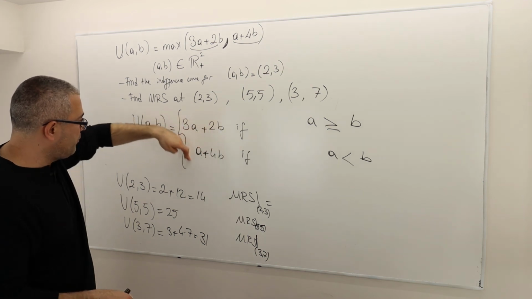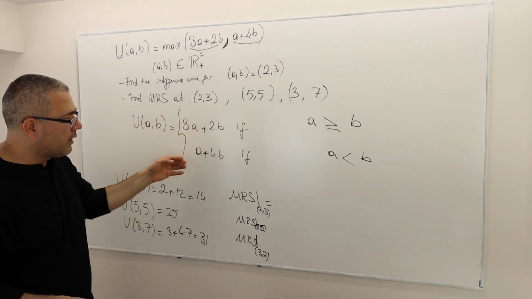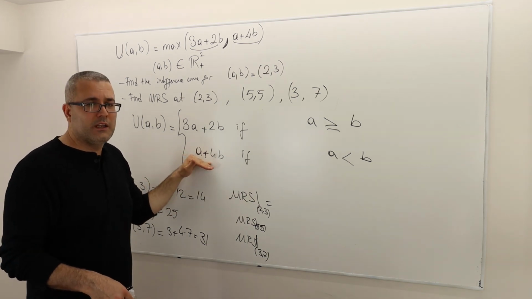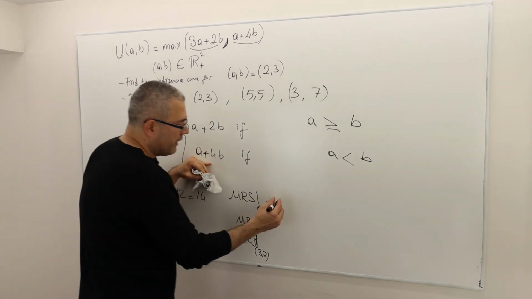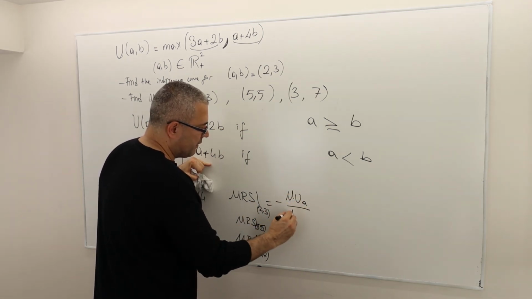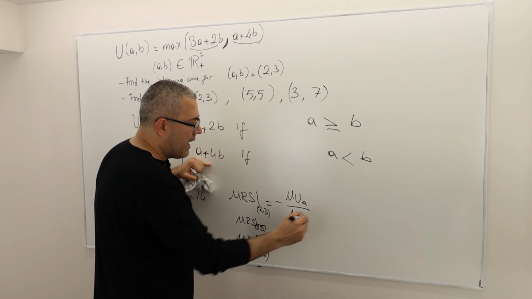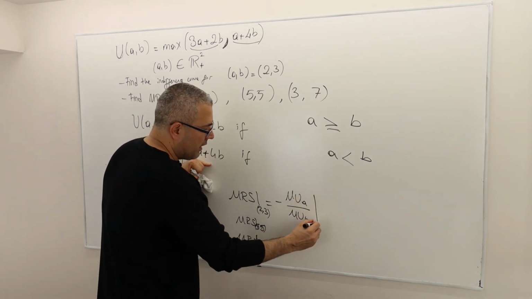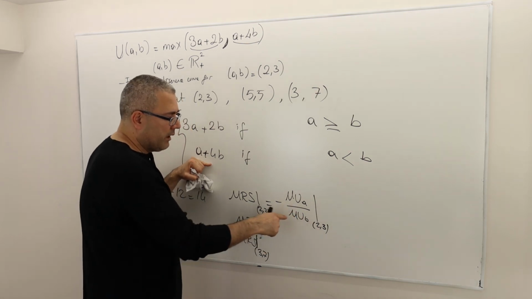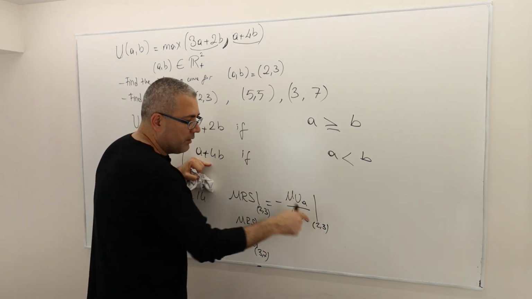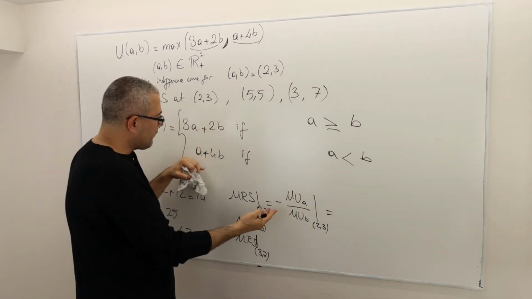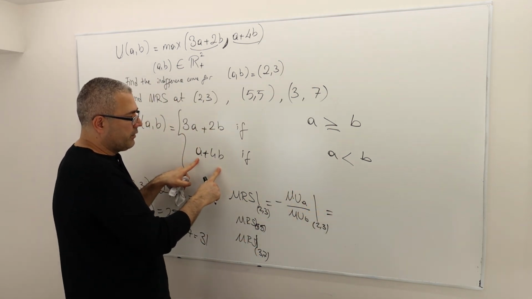When a is 2, b is 3. So when I calculate the marginal rate of substitution, I have to take this utility into account. MRS equals, remember, marginal utility with respect to A divided by marginal utility with respect to B, and then evaluate this at the point, meaning whenever I have A, plug 2, whenever I have B, plug 3, and then calculate a number. So, what is the marginal utility with respect to A?